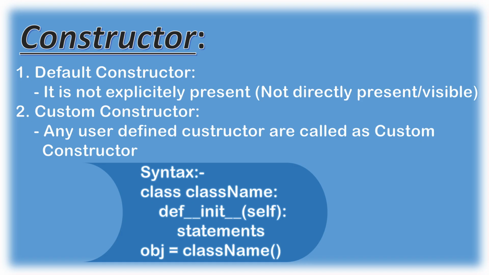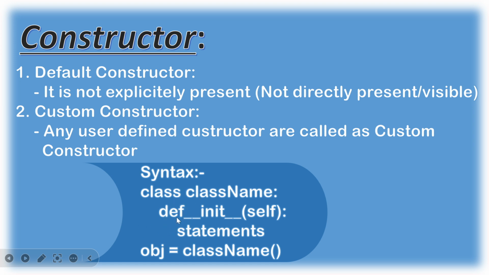To define one constructor, let's see what is the syntax. So syntax is class, class name, colon. In the next line, with one tab space, we'll define the constructor. For defining constructor, we need to use def keyword.